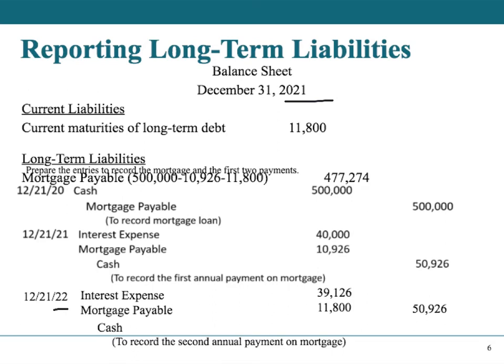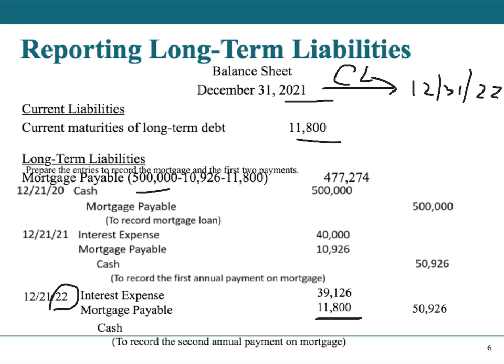Why 22? Because anything due up to December 31st, 22 is current liability. So this will be paid in 2022. This is due in 2022. That's why it's your current liability. Now, what about the long-term portion?